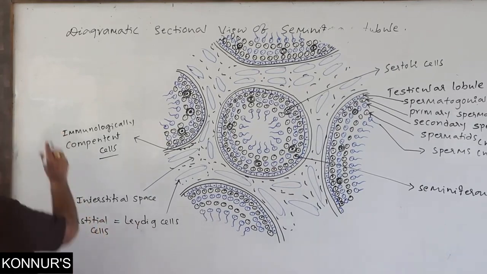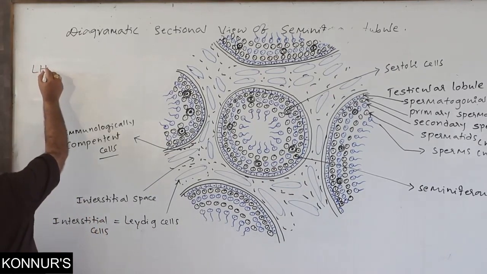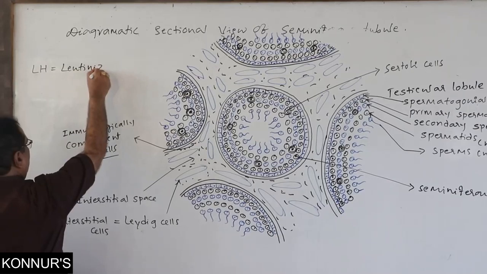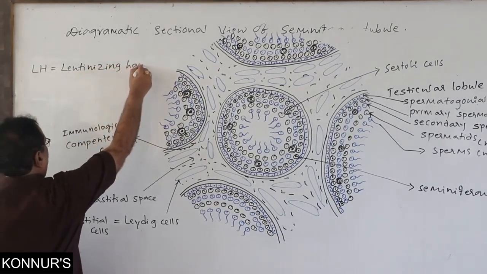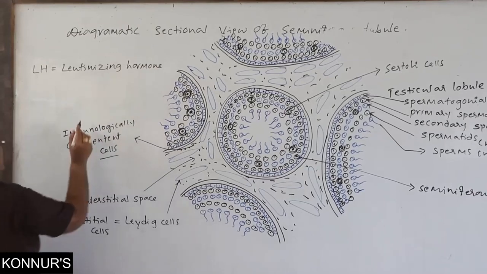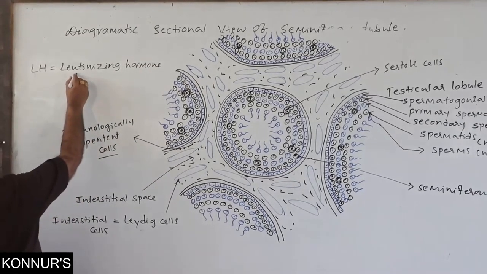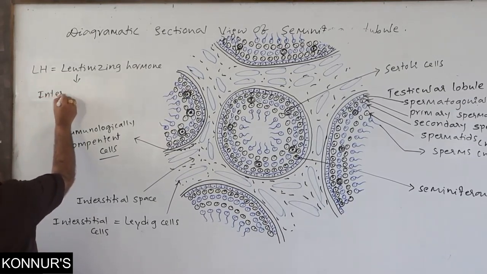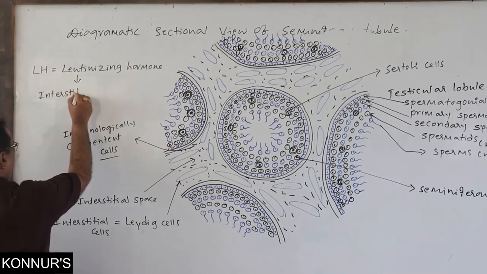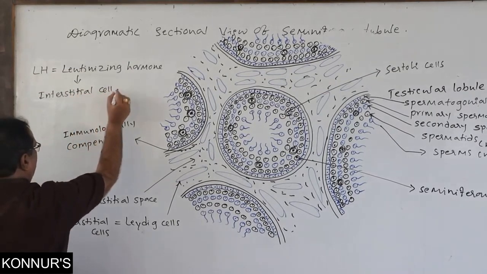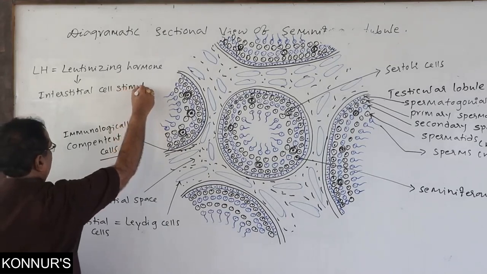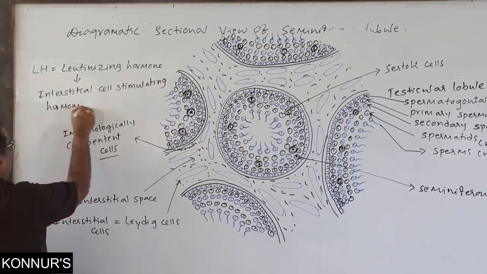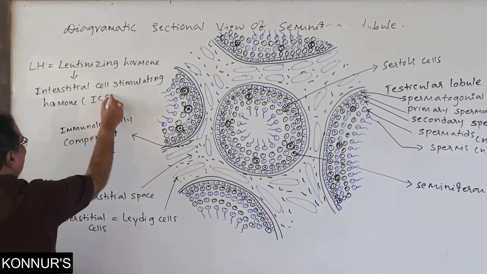That's why LH in case of males is said to be interstitial cell stimulating hormone, that is ICSH.